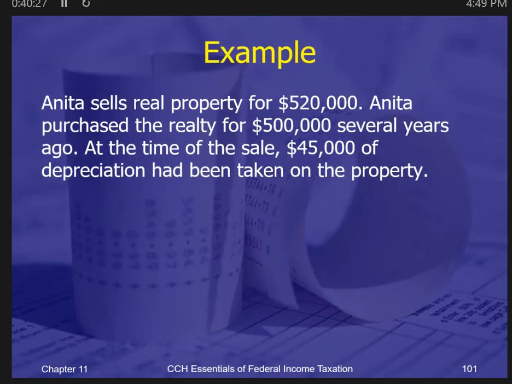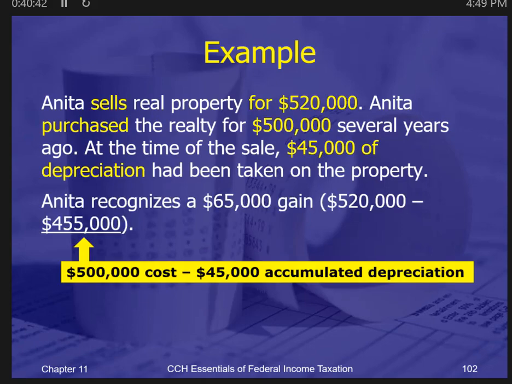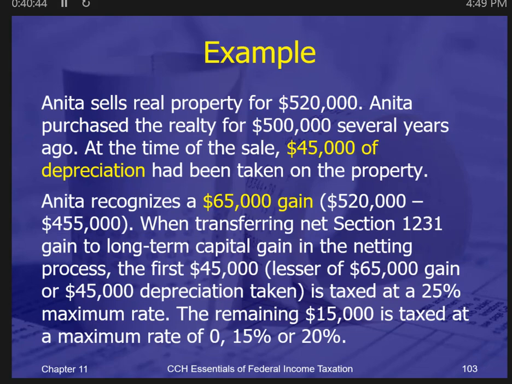Sample. This is the best way to see this. Real property, sold it for $520, purchased it for $500 at the time of the sale, with $45,000 depreciation taken on the property. So our gain is $65,000, right? All right, but that gain is $45,000 of Section 1250 recapture.